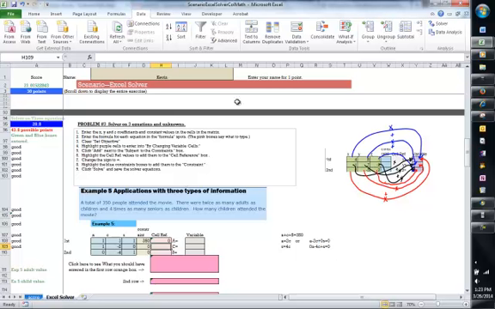Same thing in the second row, equals the coefficient of adults times the adult variable plus the children times the children variable plus the seniors times the senior variable. Oops.